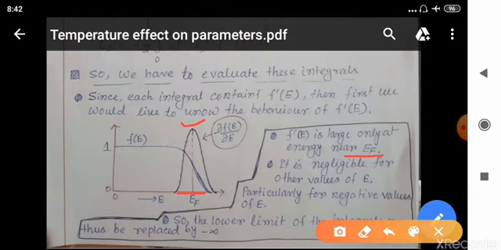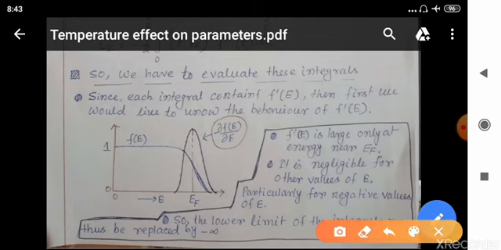It is negligible for other values of E, for negative values of E, because along the positive side it takes a peak value at a certain positive value of energy. If we go to the negative side, f prime E shows zero value.